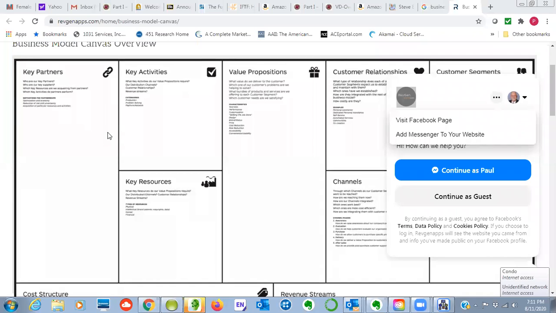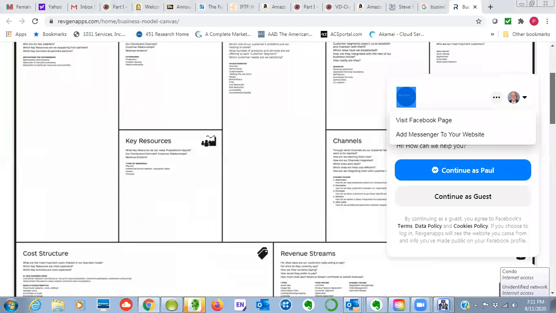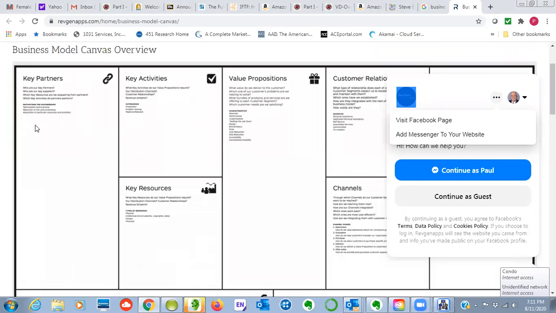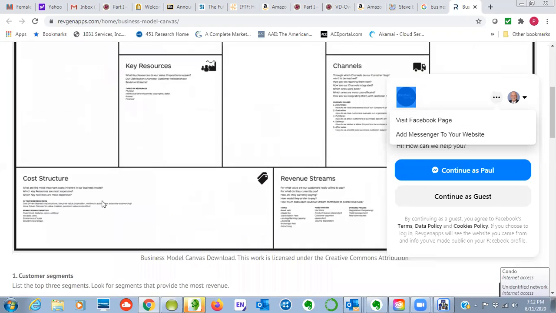It's meant to be just one page, where you put key partners, key activities, key resources, your value propositions, customer relationships, channels, the cost structure and the revenue streams. These are really the important parts of a business.